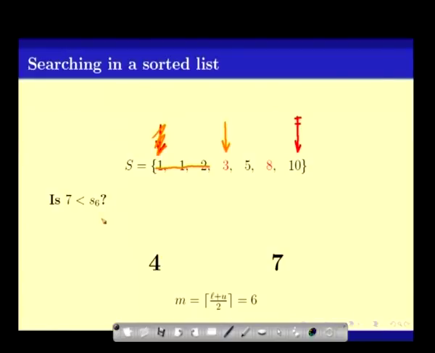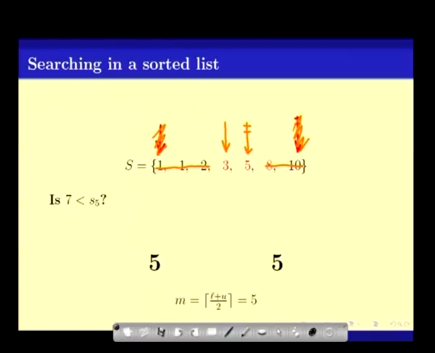Here we are crucially using the fact that this set is sort ordered. Thus, S7 is greater than or equal to S6 and S6 is strictly greater than 7. Thus, we can erase that, and we will update U to 6 minus 1, which is 5. We bring our U to here by removing this part of the set, and we again do the same thing.